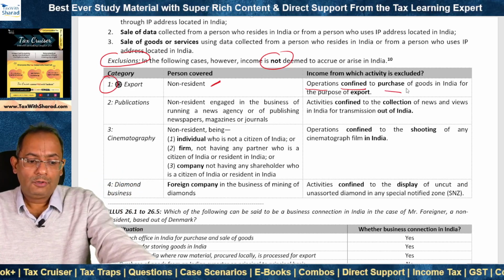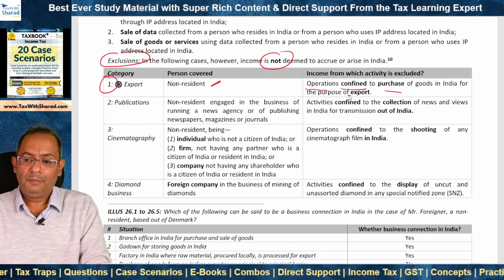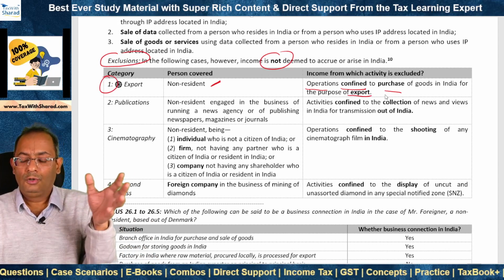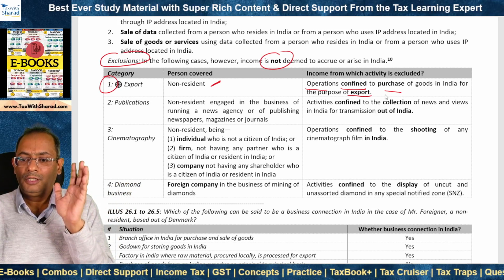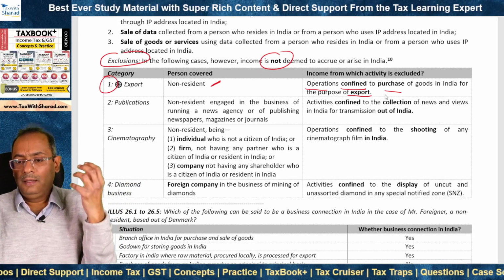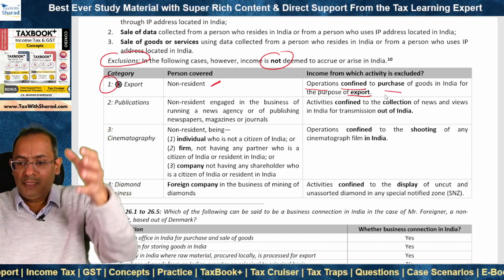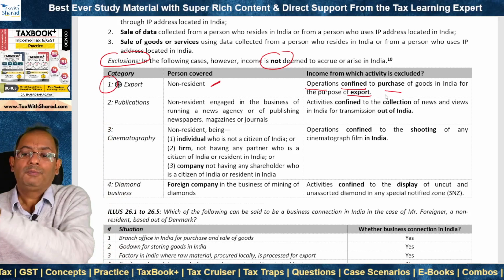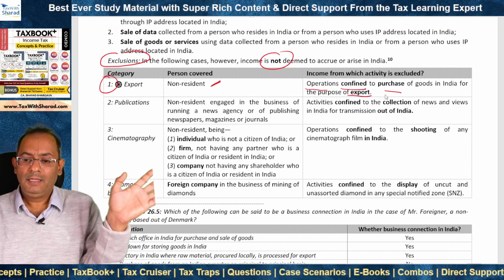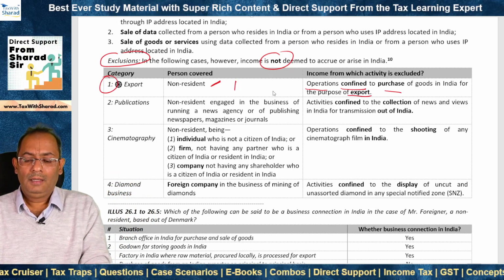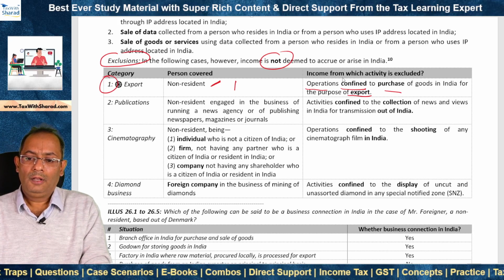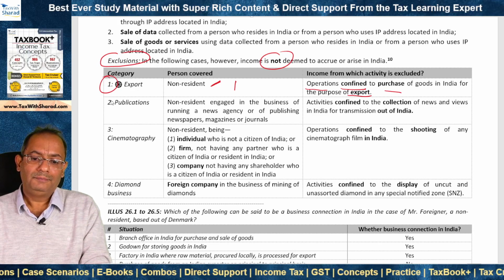To purchase of goods in India for the purpose of export. So the non-resident carries on operations in India, but those operations are only in the context of purchasing the goods in India and then exporting them, and no other activity is carried on in India. In that case, the non-resident is not taxable in India on account of income from such activity.